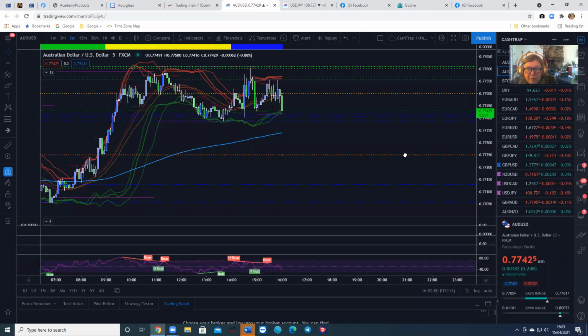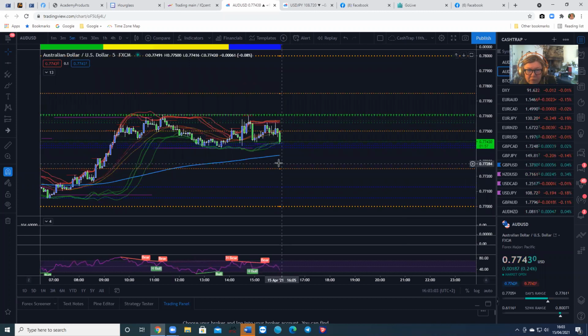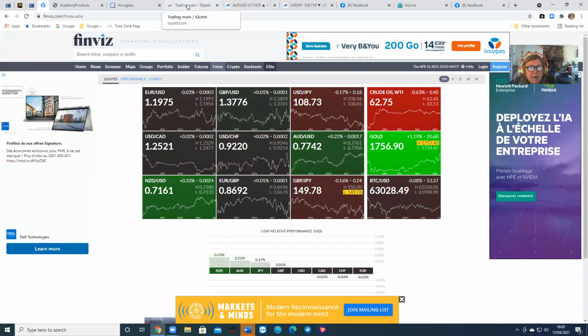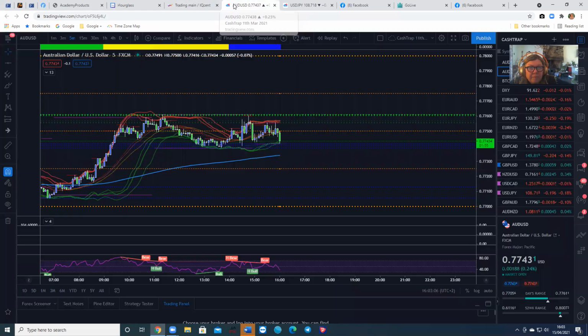So even though the Australian dollar was very strong, it's pushed right down. It's much stronger than the US dollar. The US dollar has failed to gain that much strength, and yet that's pushed right down on the hour.